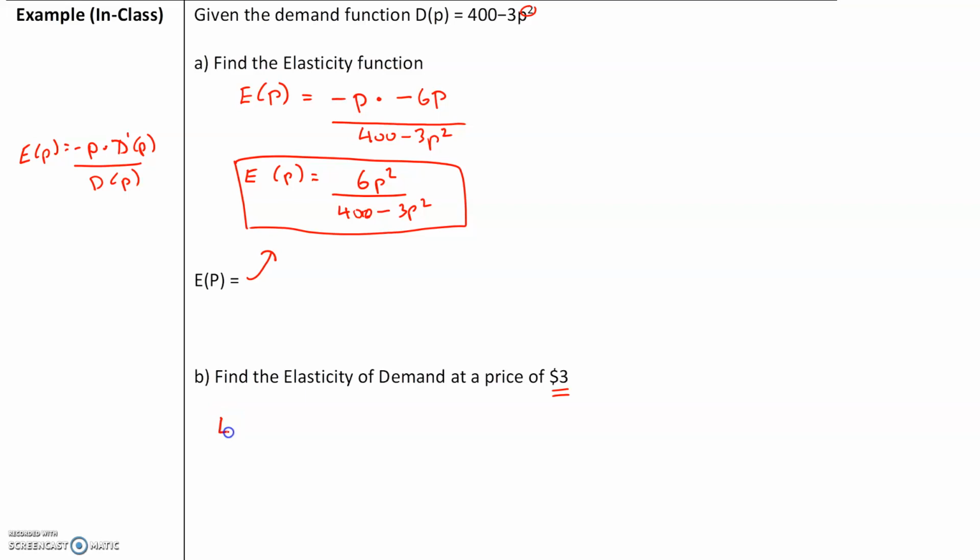Okay, so the elasticity at $3 is equal to 6 times 3 squared divided by 400 minus 3 times 3 squared. Okay, and then this comes out to be 0.144. The elasticity at $3 is 0.144.